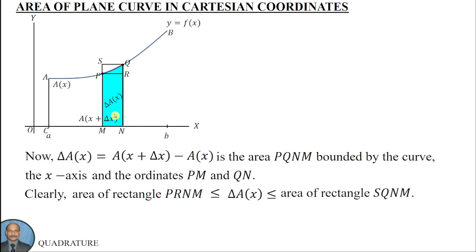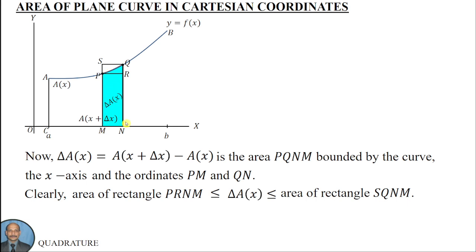Area of the rectangle is given by length into breadth. Here for the inner rectangle PRNM, height is PM and breadth is MN, and MN is delta x. ON is x plus delta x, OM is x, so MN is delta x. Coordinates of P are x and y, that means PM is equal to y.